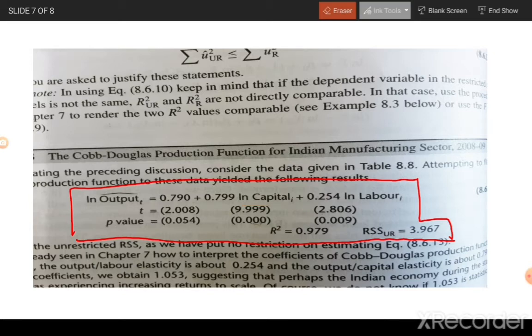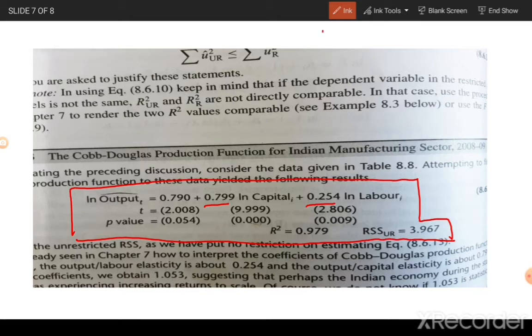If you add up beta 2, which is 0.799, and beta 3, which is 0.254, for this sample, we get 1.053.